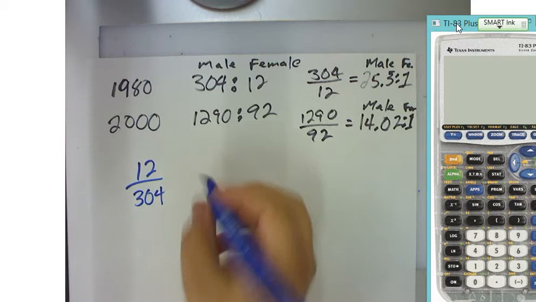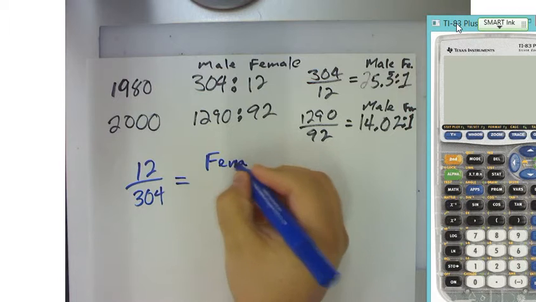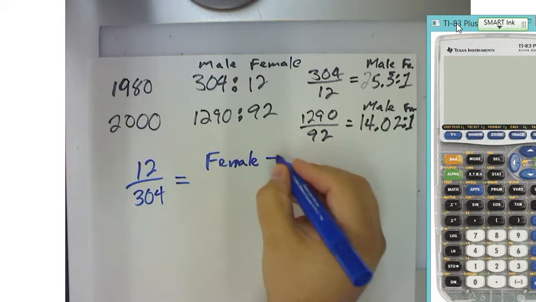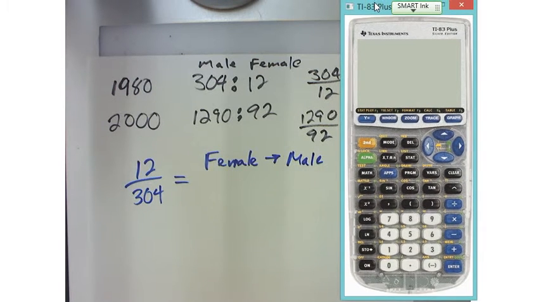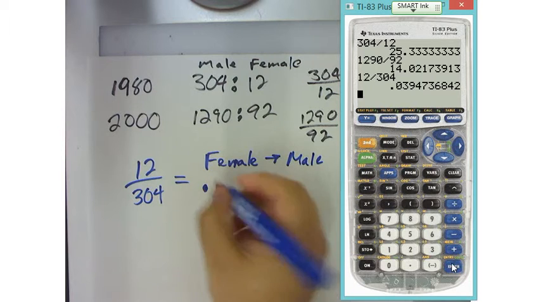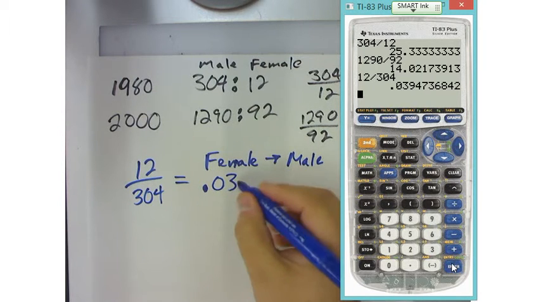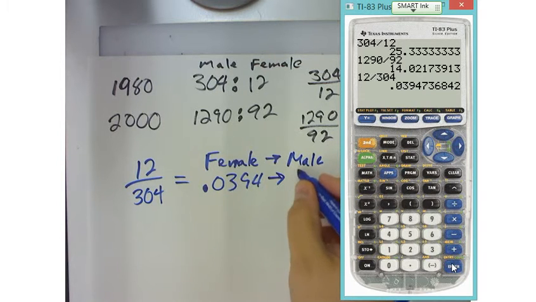So what we're really showing here is female. My first number will be female to male. So now if I enter this in the calculator, almost goofed up again, 12 divided by 304, I get 0.0394 females to every 1 male.